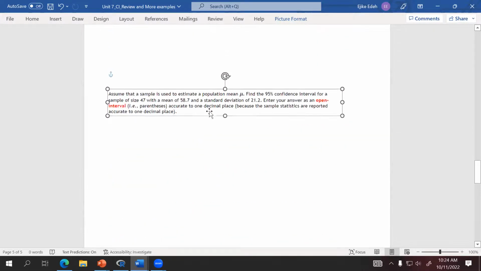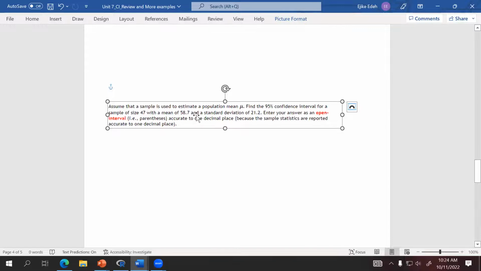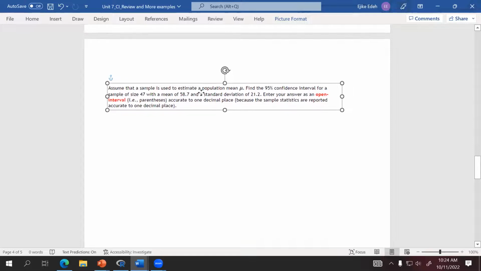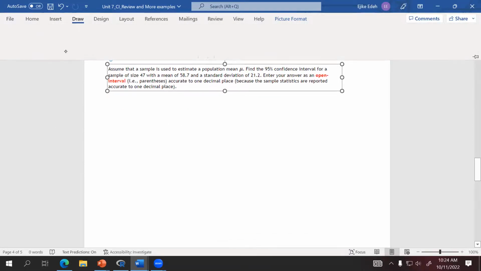So what we're going to do here to get practice for Z and T, let's change this to population standard deviation. In place of sample standard deviation, I'm going to change it to population so that we can get practice for doing confidence interval for Z and confidence interval for T. So let me assume this is population.